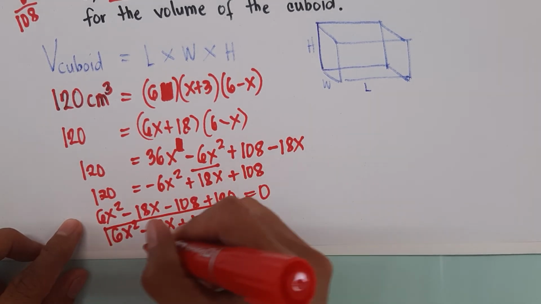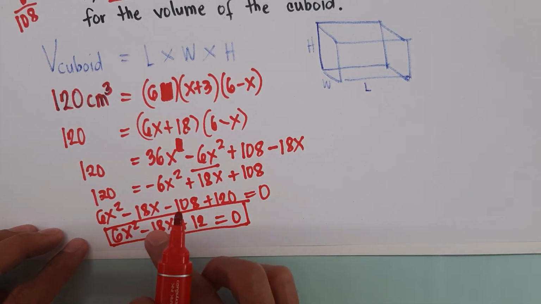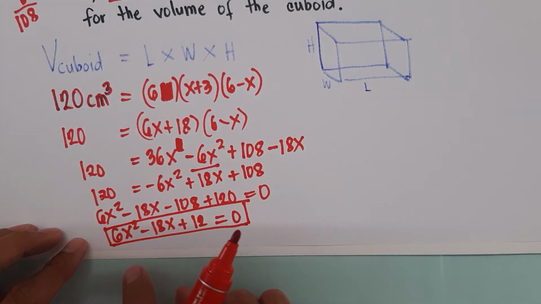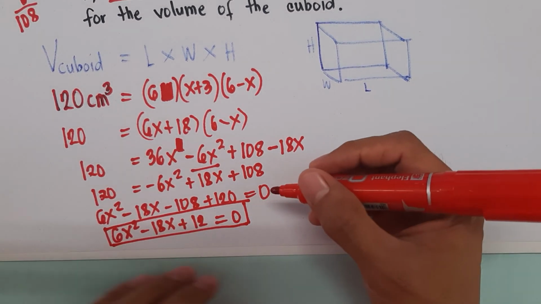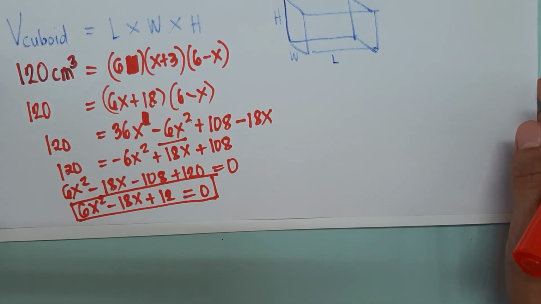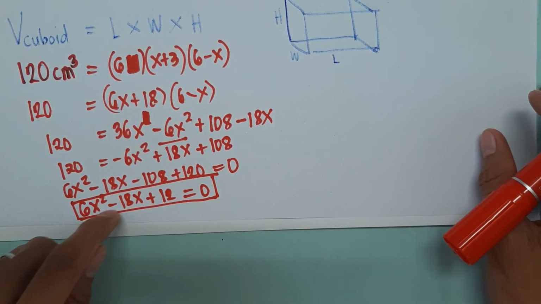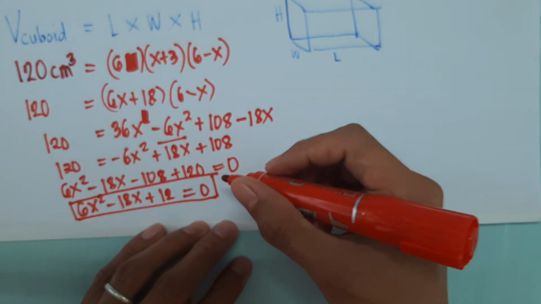But if you're going to ask me, is that the final answer? Well, probably not yet, because we can still simplify it, right? 6, 18, and 12 have something in common. There's a number that you can factor or divide all these numbers by. So 6, right?